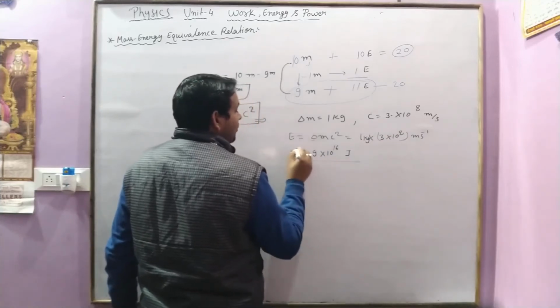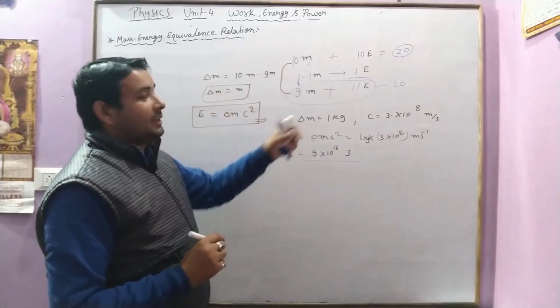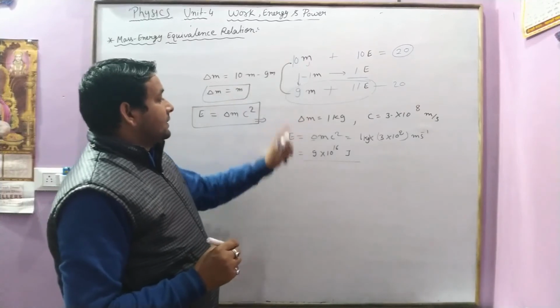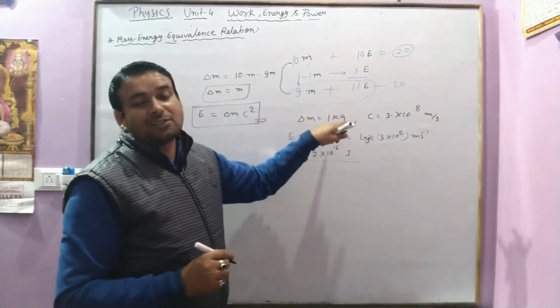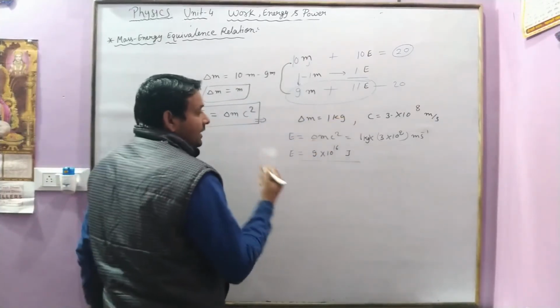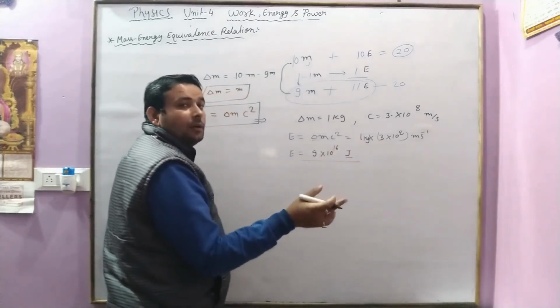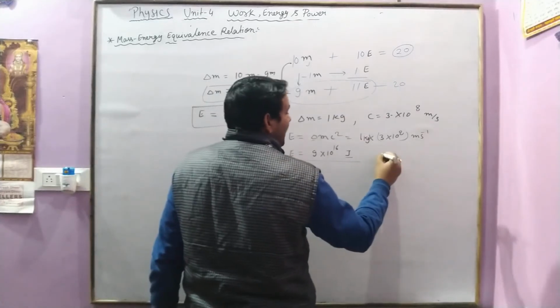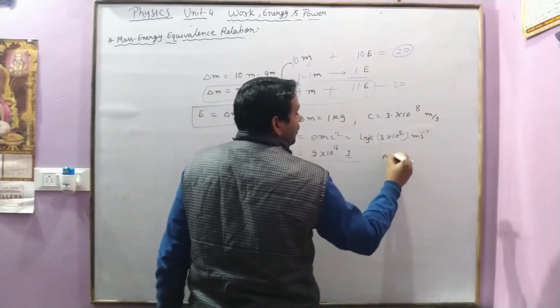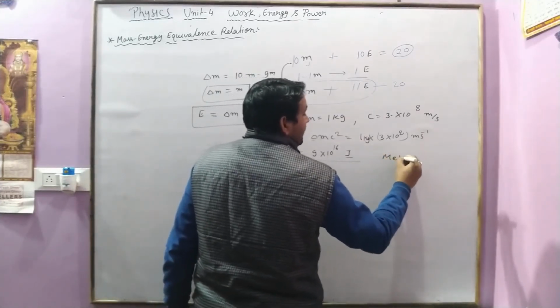This is the amount of energy released by 1 kg of mass. We can also calculate this energy in the bigger unit, mega electron volt, that is MeV.